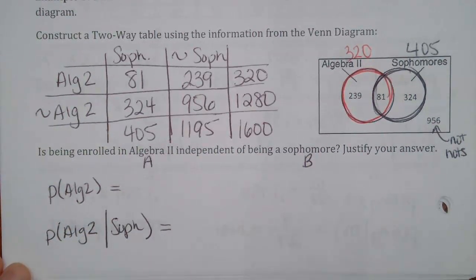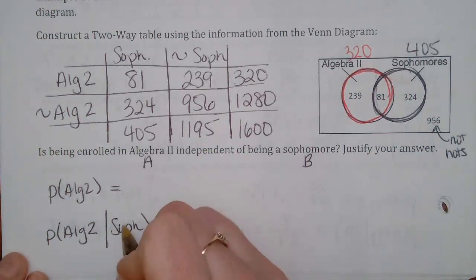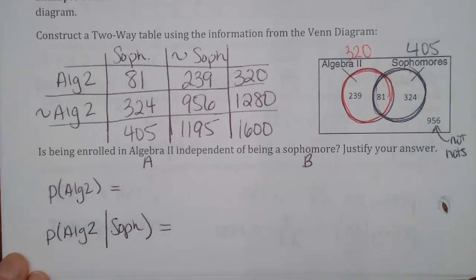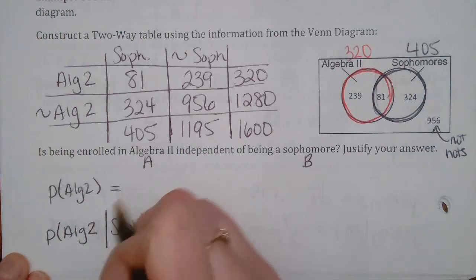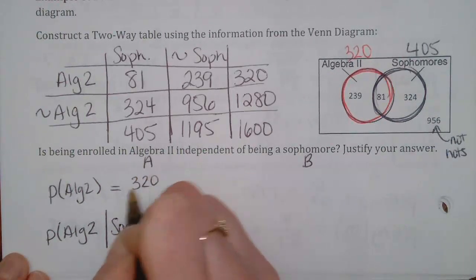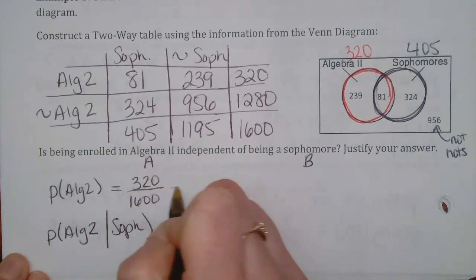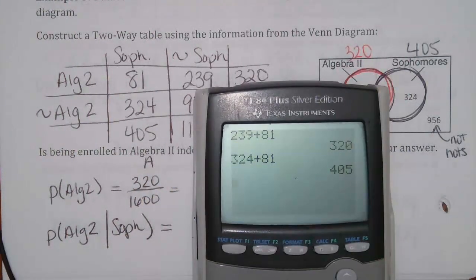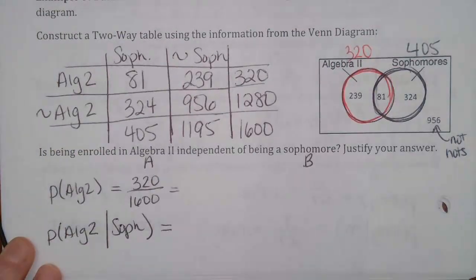You should show this work. Write down what your probabilities are that you're comparing. So Algebra 2 on its own, 320 out of the 1,600, 0.2. That's a nice number.